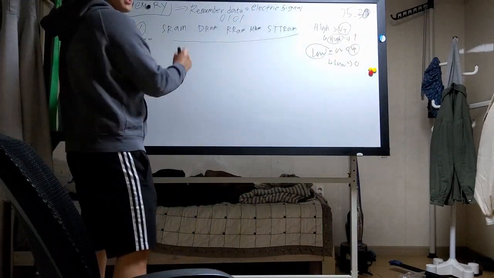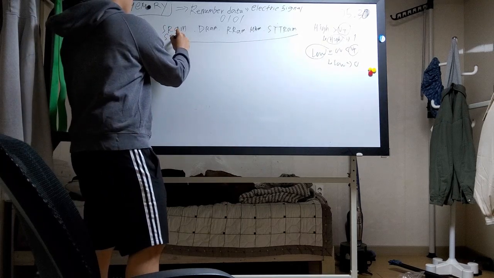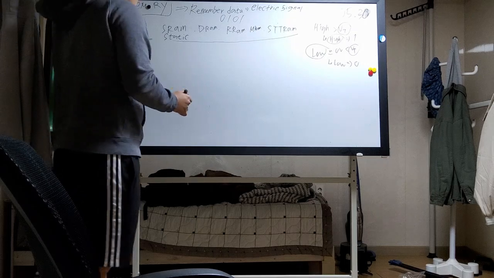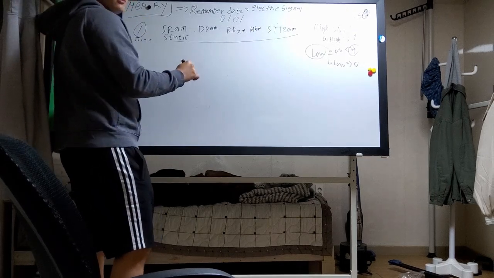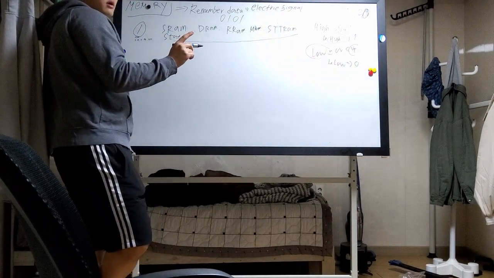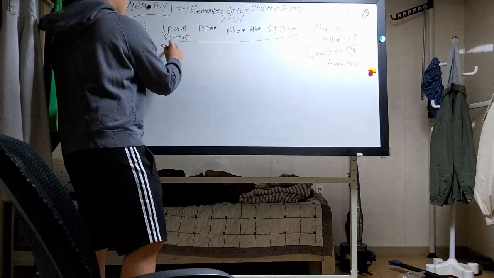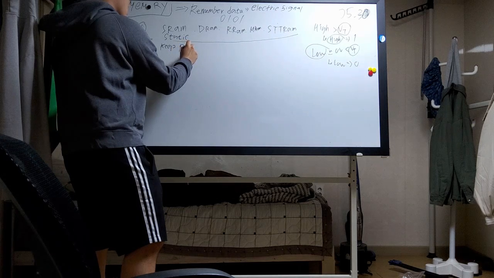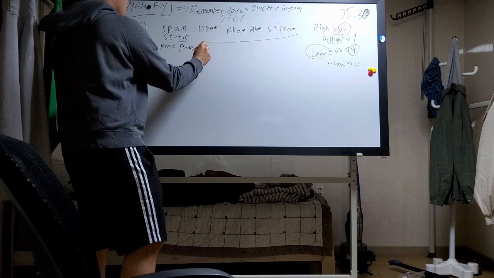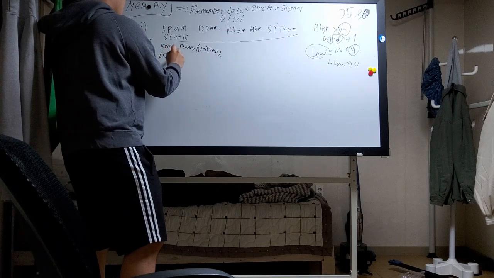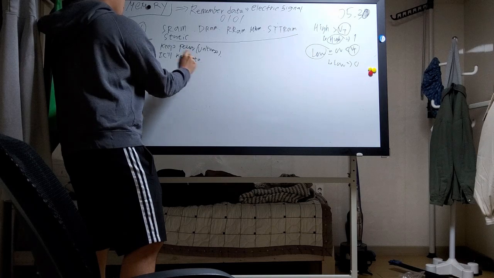First is the static RAM. Static means something firm and hard, kept in place. Static RAM has the property that while it keeps power or voltage, it will keep the data inside.